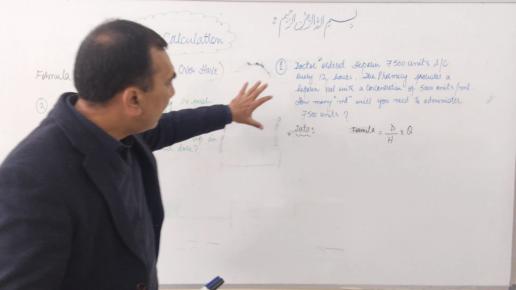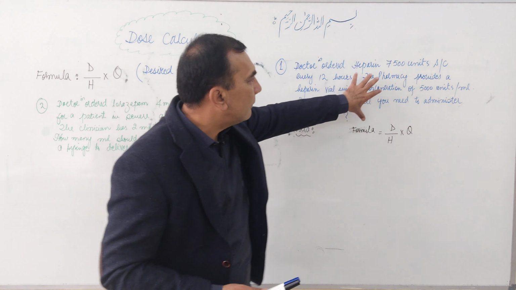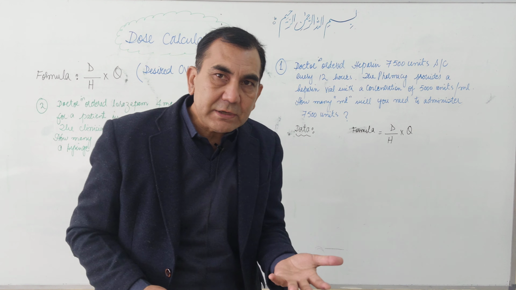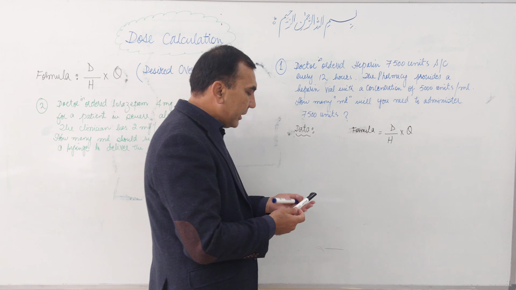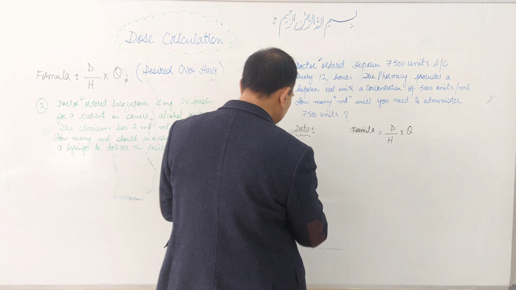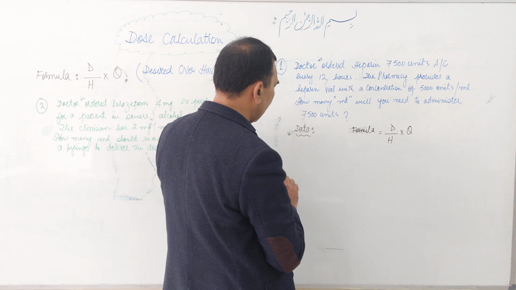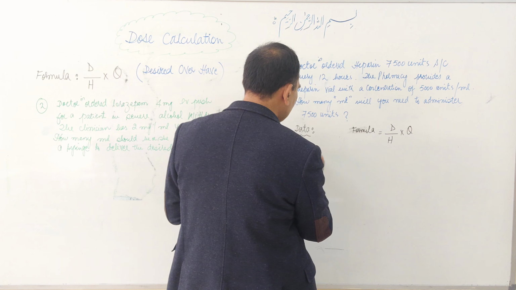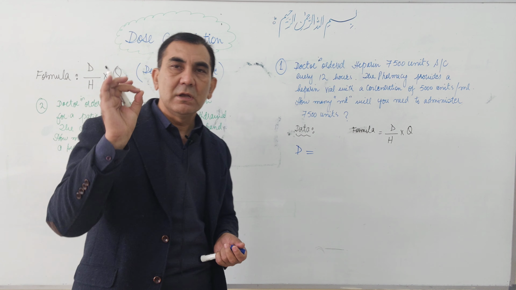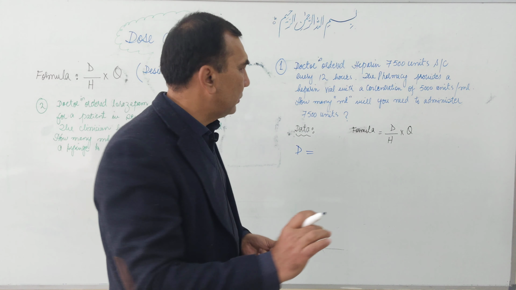Before solving this example with the formula, we should abstract the data from the given numerical. What is D? D is the desired dose prescribed by the doctor.